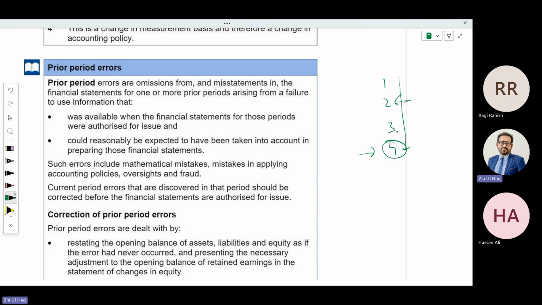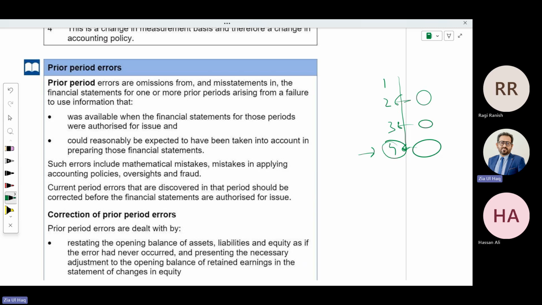This means year 3 opening figures were inaccurate. This means that the error prevails here as well as here. So now we need to correct that error. How? By correcting the error, what was the effect on these financial statements? That we need to adjust in the current year financial statements with opening retained earnings, and we need to provide a disclosure.